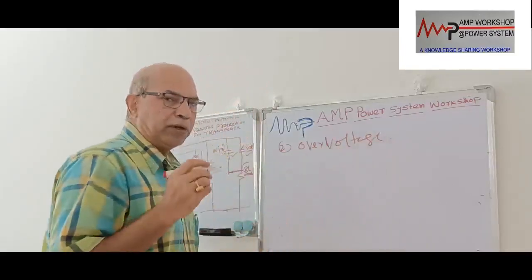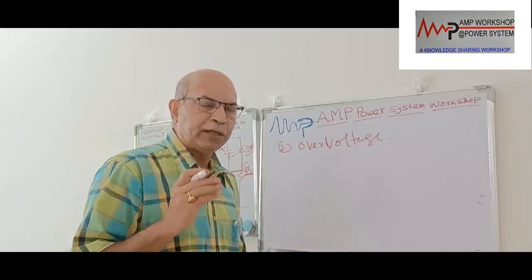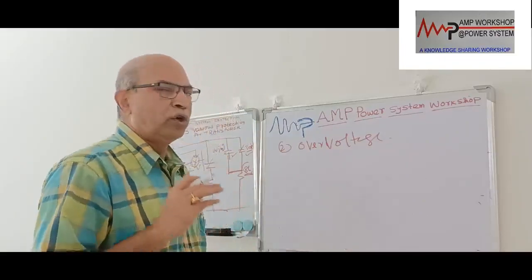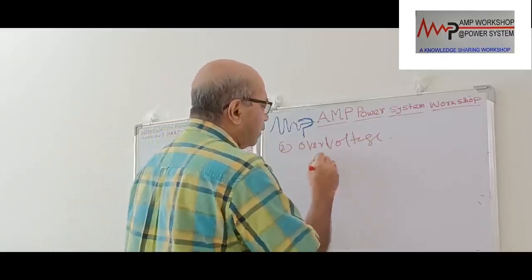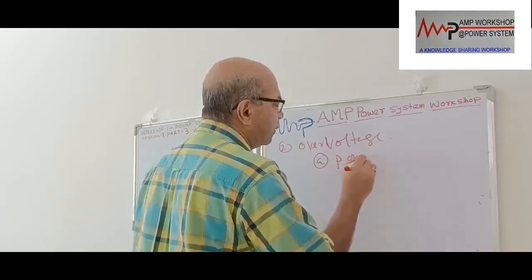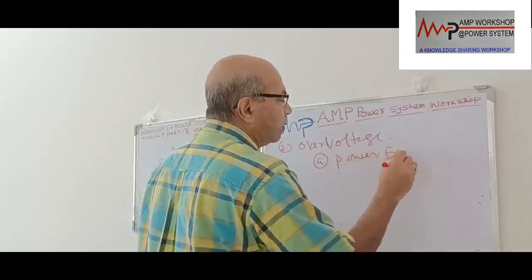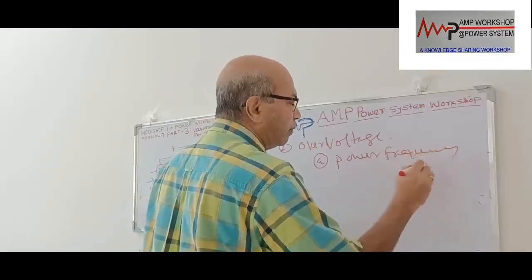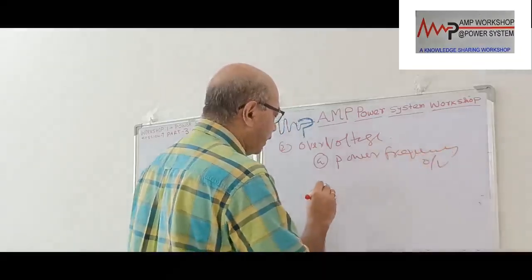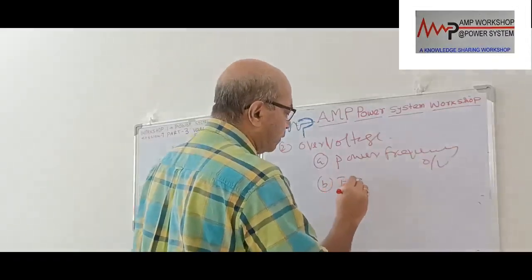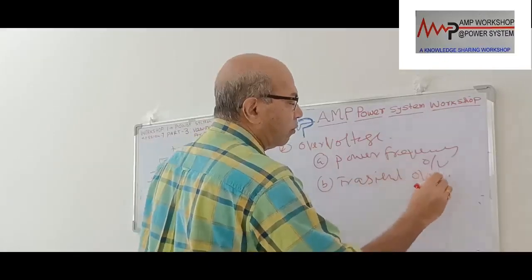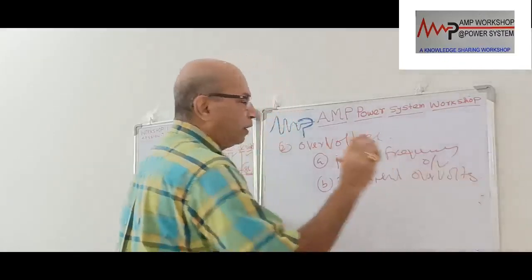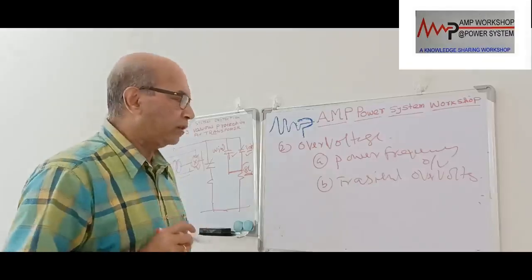In case of over voltage, we have said there are two types of over voltage that can take place in a transformer. One we call power frequency over voltage, another we call transient over voltage. These are the two types of over voltage that can take place in a transformer.